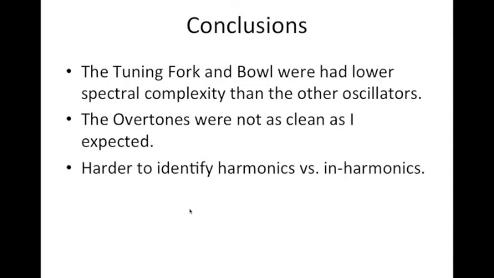I was hoping to be able to identify harmonic versus inharmonic overtones or energy, and it was not as easy to do that. And I was surprised at the complexity of even the stringed instruments that I used. So all in all, timbre is pretty complex, and this is the reason why even when different instruments play the same pitch, they sound different.